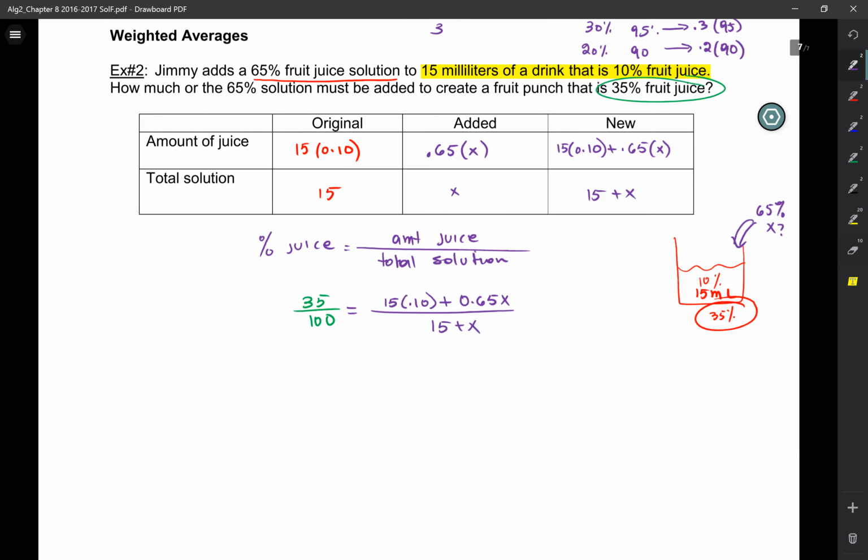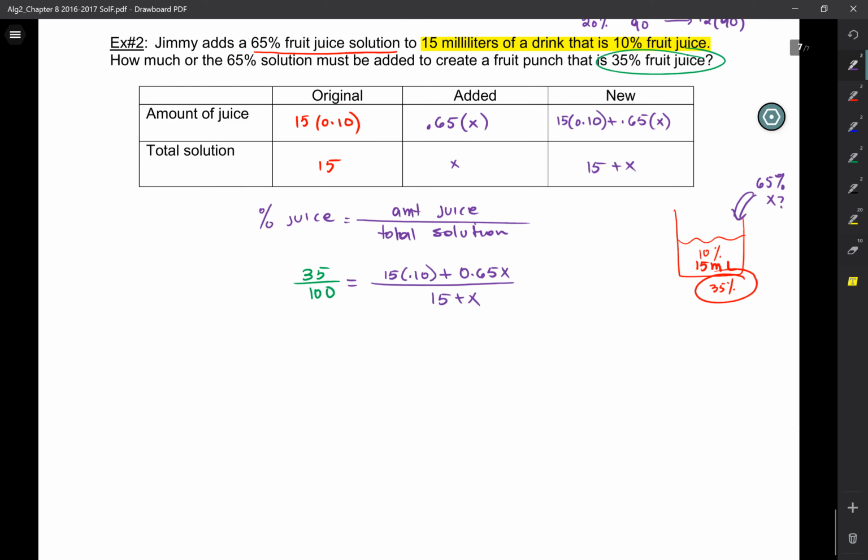Now we're going to cross multiply this. I get 35 times (15 plus x) equal to 100 times (15 times 0.10 plus 0.65x).